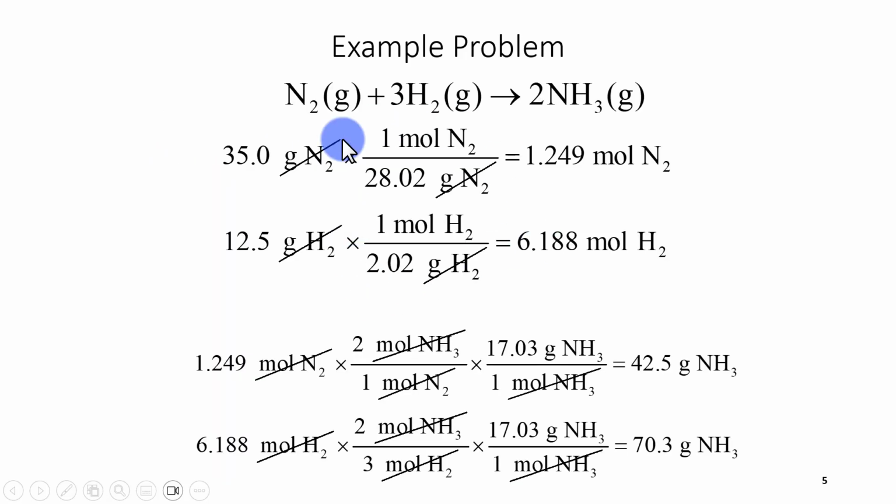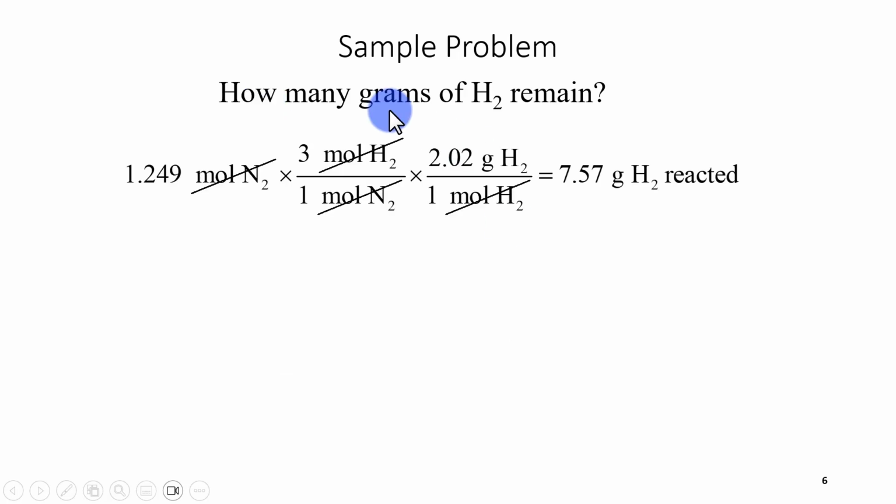From the balanced chemical reaction, I know I have 3 moles of hydrogen for every 1 mole of nitrogen. This moles of nitrogen cancel, leaving me with moles of hydrogen. Then, to figure out grams, I multiply by the molar mass of hydrogen, which is 2.02 grams per mole.